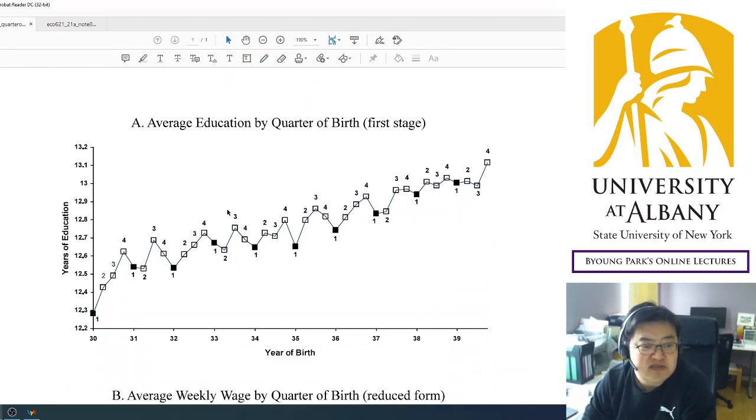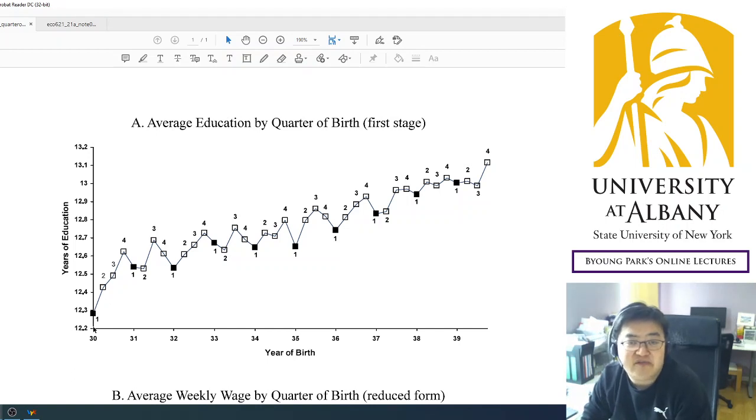What's interesting here is, from the data, they calculated the average years of education by quarter of birth. Think about this: the average education for those born in the first quarter of 1930, second quarter, third quarter, fourth quarter, then the first quarter in 1931, and so on through 1932.